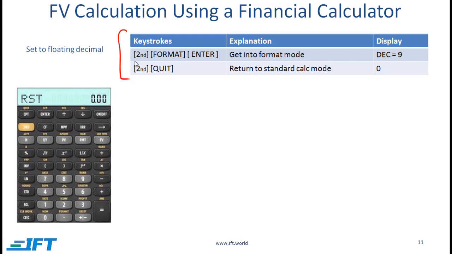So you hit the following keystrokes: second, which is right here; format, which is over here; and then enter, which is here. And then you will see the option to enter the number of decimal places. You enter 9, and the display is going to be 9. Then you hit second again and quit. That will return the calculator to standard mode. What you have now done is set decimal places to 9, which represents a floating decimal.